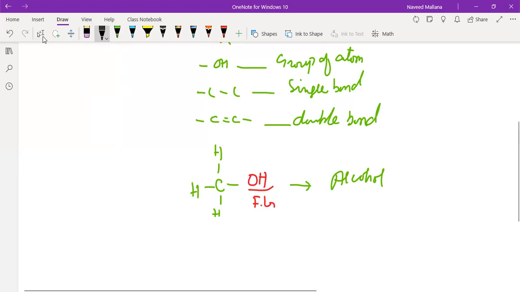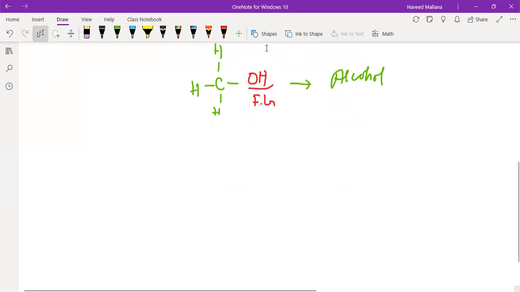This was the example of group of atom as a functional group. Now we take example of single atom as a functional group. Let us see carbon, carbon, carbon, single bond, single bond. Hydrogen is replaced by some X. And what is X?